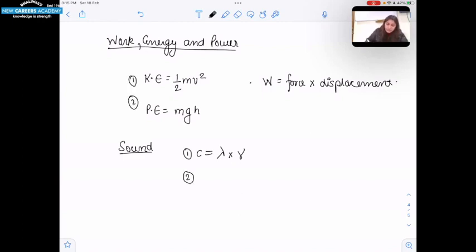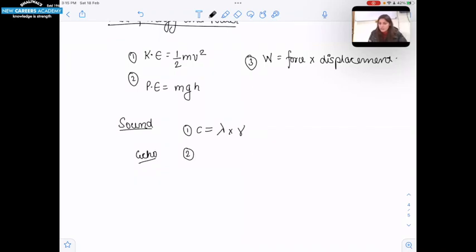The second formula we use for echo. In an echo, the sound wave travels twice and covers double the distance. So instead of D, we write 2D in the simple speed distance time formula. So we have 2D equal to S into T.